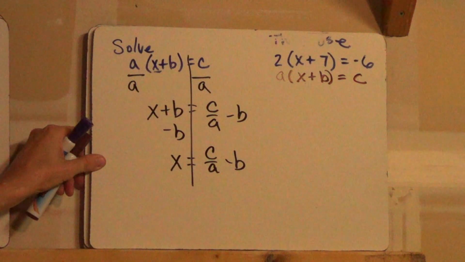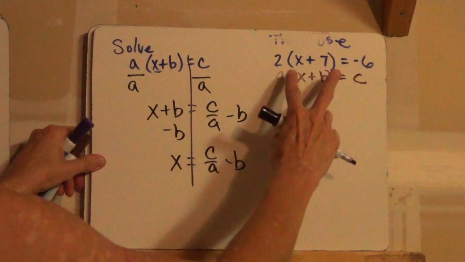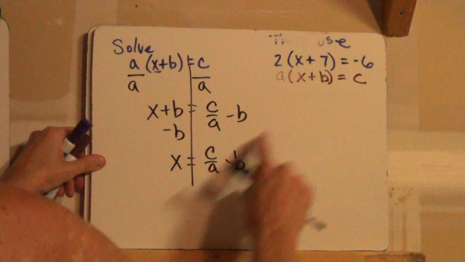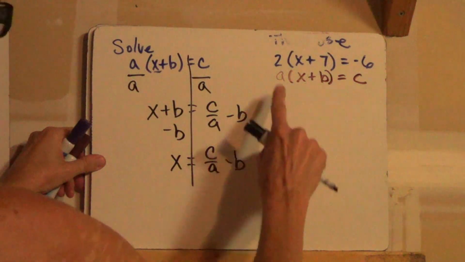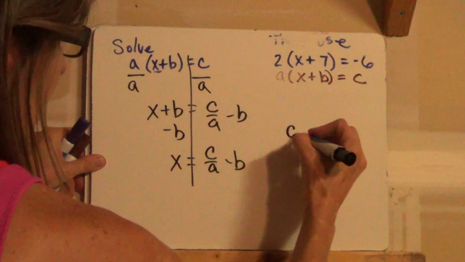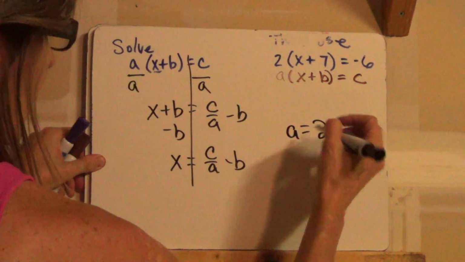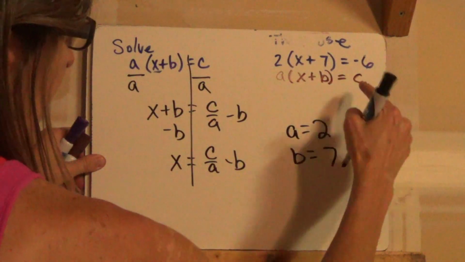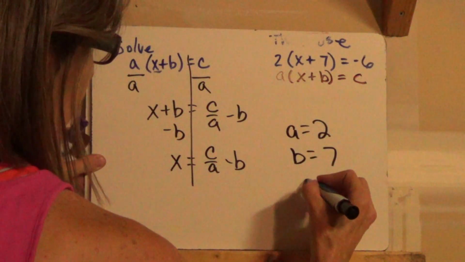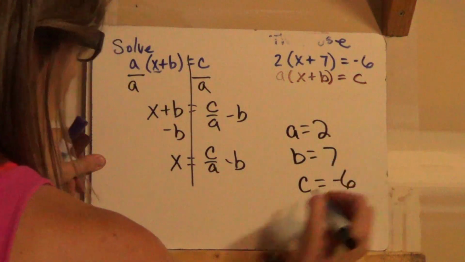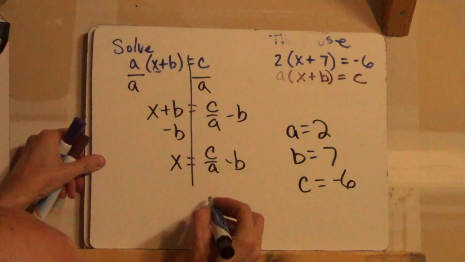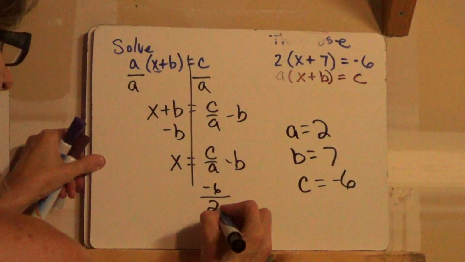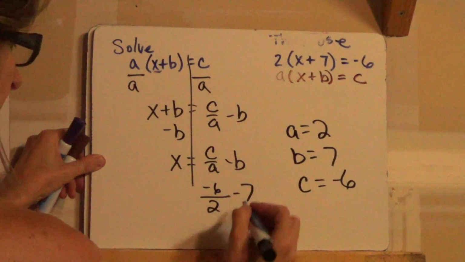Here's the next thing that they say, is now get the answer to this by using your literal equation. See how a lines up with 2? You would say a equals 2, x lines up with x, b lines up with 7, and c lines up with negative 6. So we just come over here and we plug these in. C was negative 6. A is 2, and B is 7.